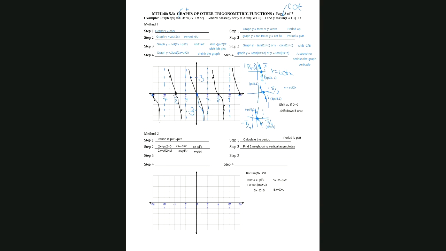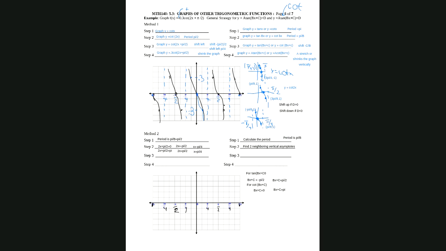I'm going to go ahead and fill them in the graph. First, I'm going to change the numbering on my x-axis. So I have pi over 4, pi over 2, 3 pi over 4, and pi, just like up above. And then negative pi over 4, negative pi over 2, negative 3 pi over 4, and negative pi.